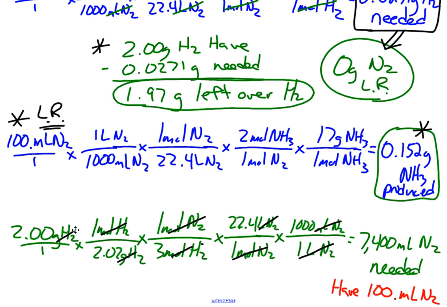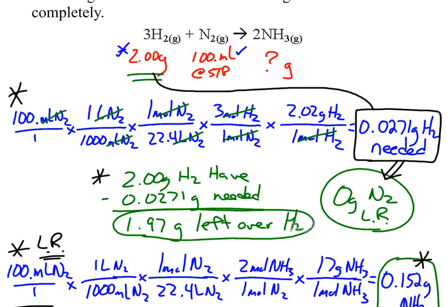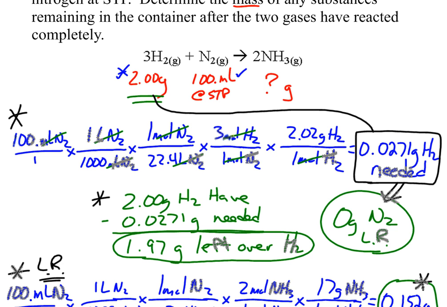The difference is that if you got to this point here and you figure out, oh, the nitrogen is the limiting reactant, you could go back and do this calculation to figure out how much of the ammonia is produced, but you would have to go back and do the conversion from nitrogen to hydrogen needed to figure out how much hydrogen was left over.